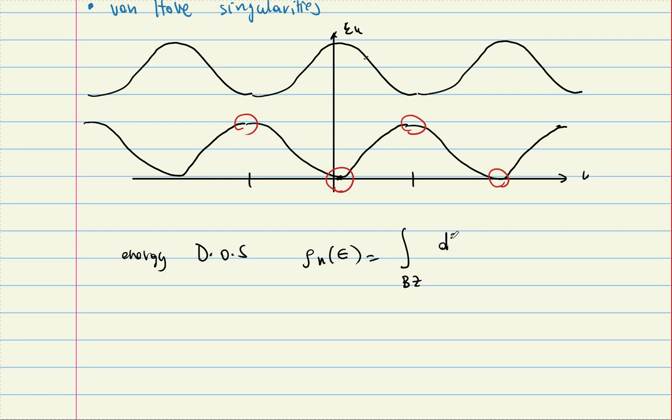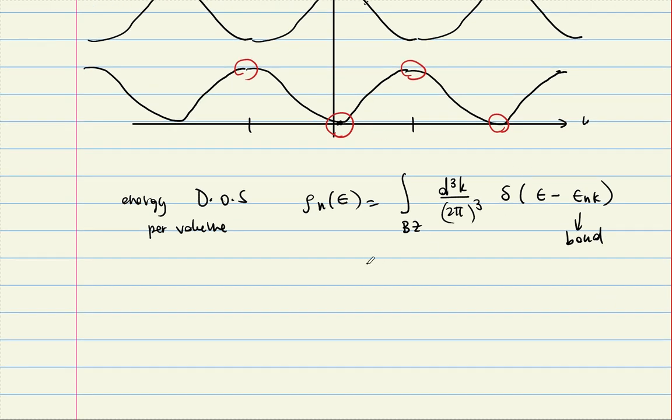Let's do it in d cube. We can do it in 1D and 2D. And there's an L, but this is energy density of states per volume. So this L went to here to give us something per volume. This is cube. And to find the energy density of states, I put delta of epsilon minus epsilon n of k. So this is the band.